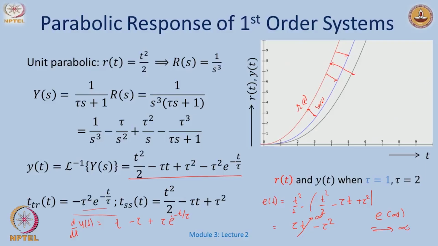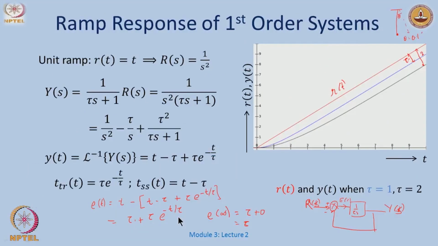Just remember this: t minus tau plus tau e power minus t over tau, and this looks something like this, exactly this one. This is just the differentiation dy by dt for a unit parabola.